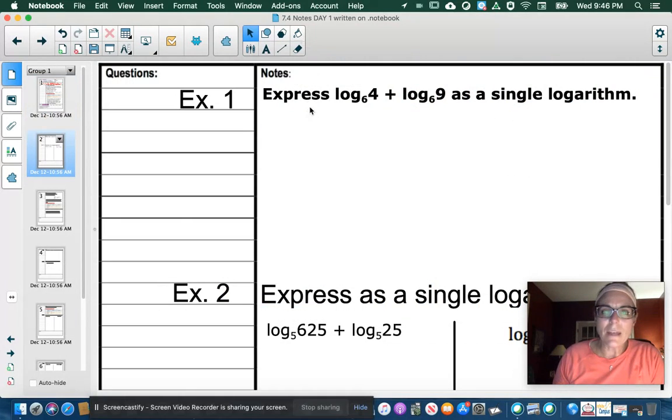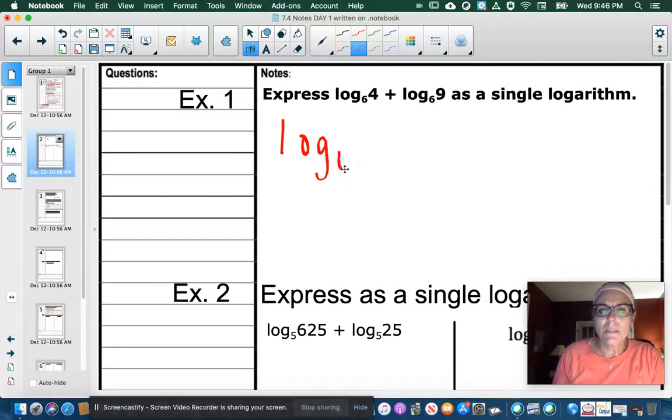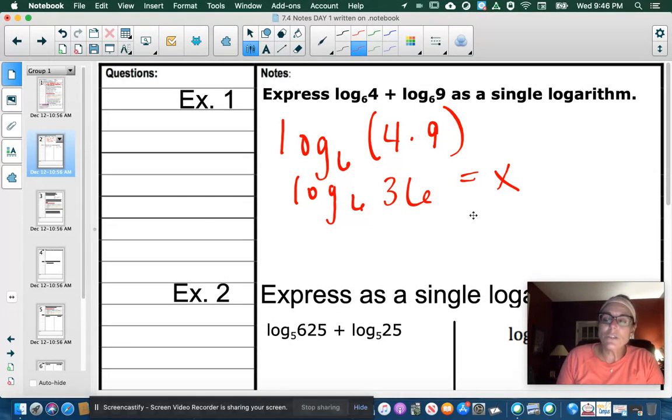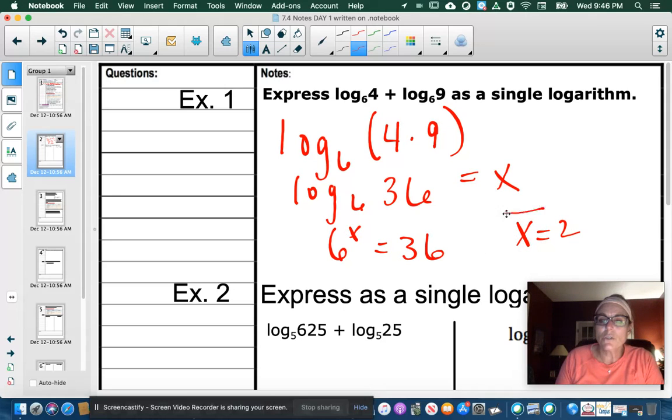We're going to rewrite that as log base 6 of 4 times 9 and set that equal to x. We have a log equation. To simplify a log equation, we change it to exponential. So 6 to the x power equals 36. 6 to what power results in 36? The answer is x equals 2.